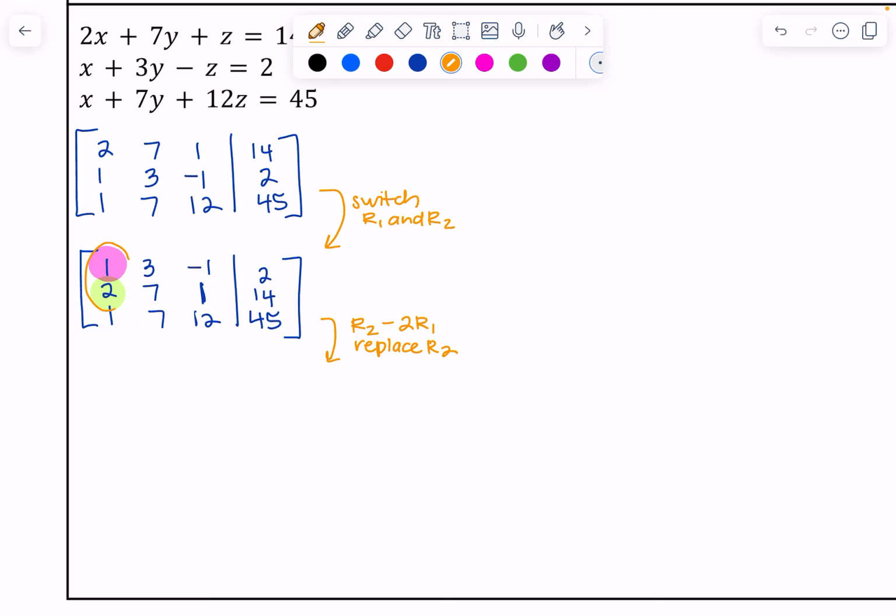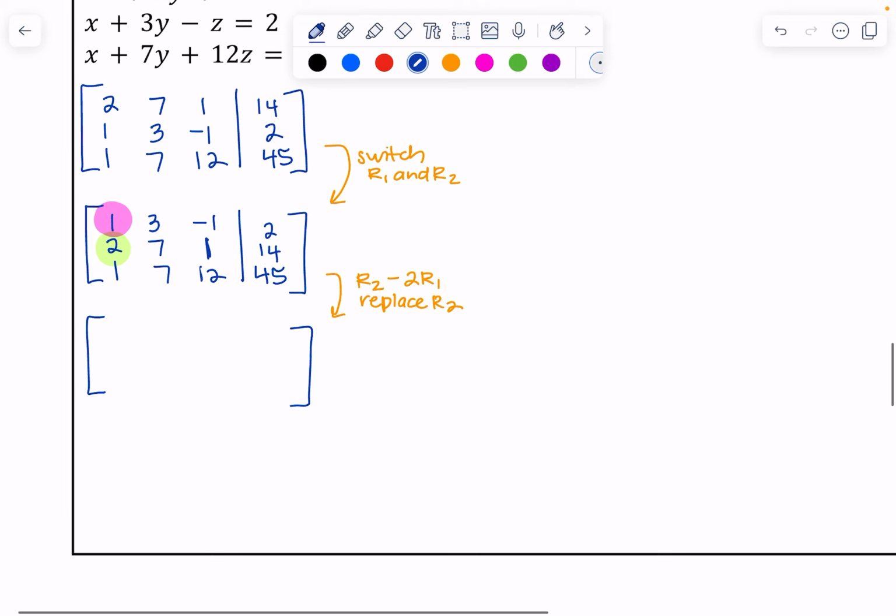That's me utilizing that top 1 and getting a 0 where my green highlight of 2 is. Okay, so I would primarily be using my calculator, but I'm going to keep my top row. Let's go ahead and rewrite it. And I'm keeping my third row for now.